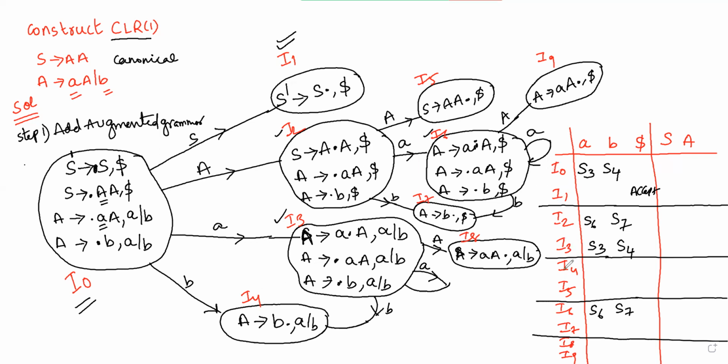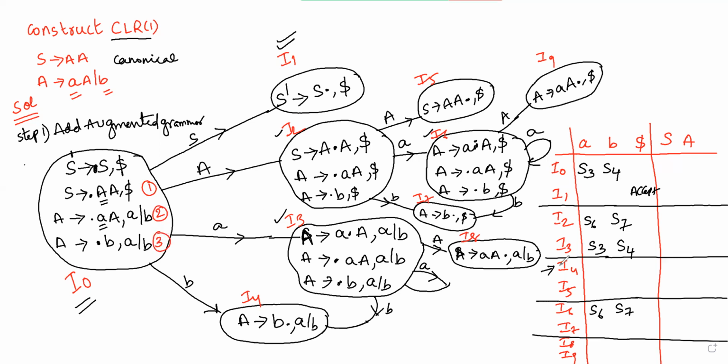Now first I am going to deal with I4. What is the value of this one? A tends to B dot. Now, whatever productions you have been given, I am numbering them: number 1 except the augmented grammar, 2 and 3.